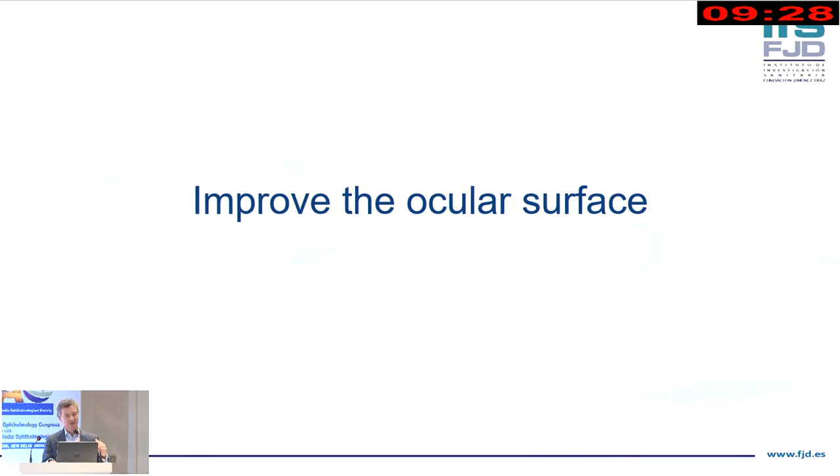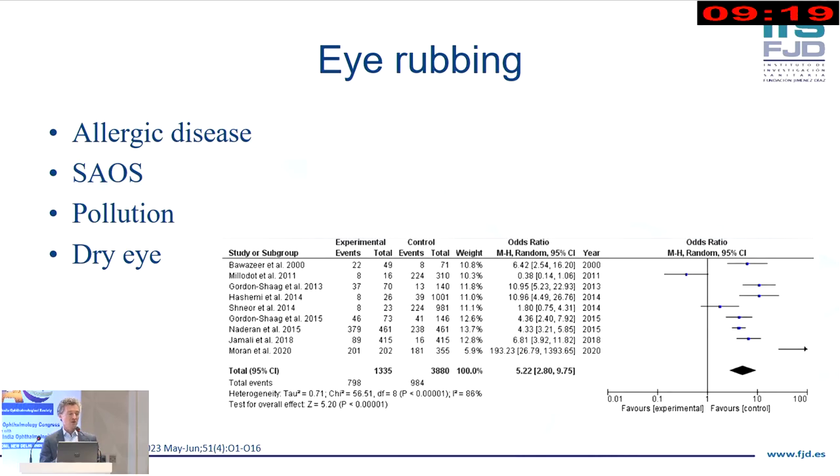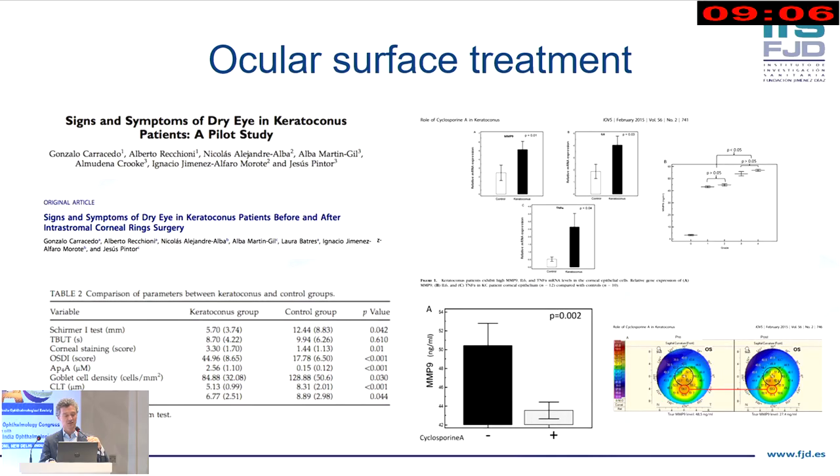So the first message is every keratoconus needs to be looked at for their ocular surface, because we know eye rubbing is a problem. Anything on the ocular surface needs to be addressed to improve the prognosis and the symptoms of these patients. We published that they have changes similar to dry eye patients in some characteristics.